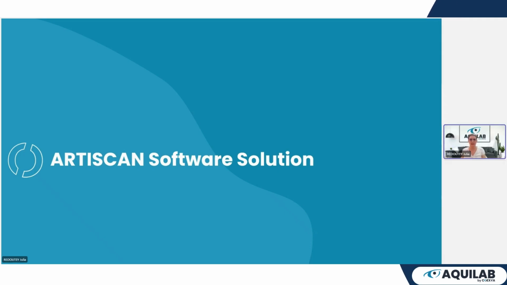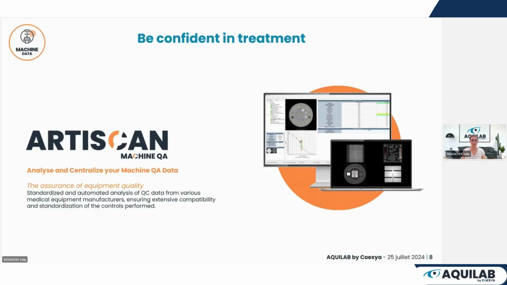Thank you, David. So now let's talk about the software. ARTISCAN enables standardized and automated analysis of quality control data from various medical equipment. It ensures extensive accountability and standardization of the control performed.